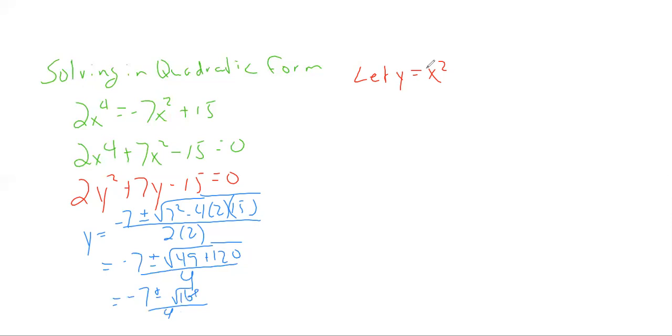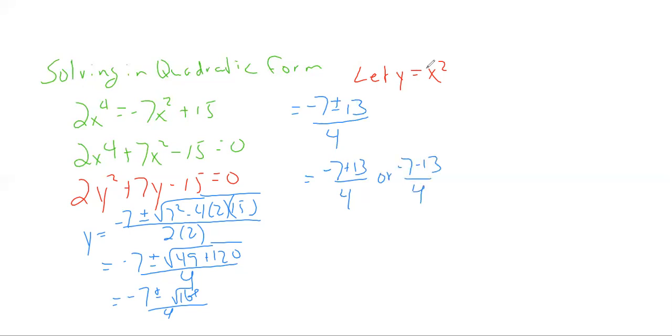The square root of 169 is 13, all over 4. So that's going to give me negative 7 plus 13 over 4, or negative 7 minus 13 over 4.